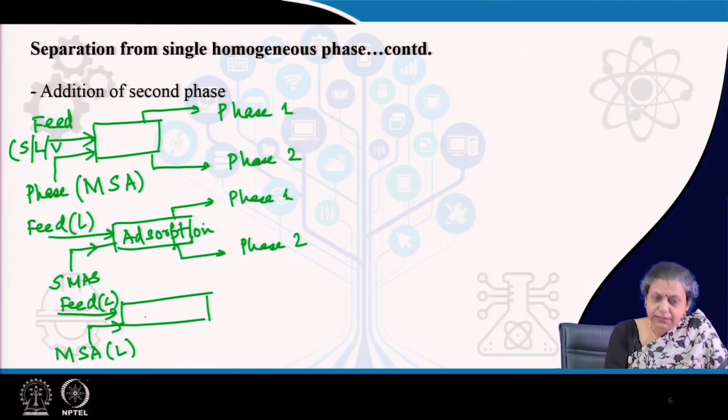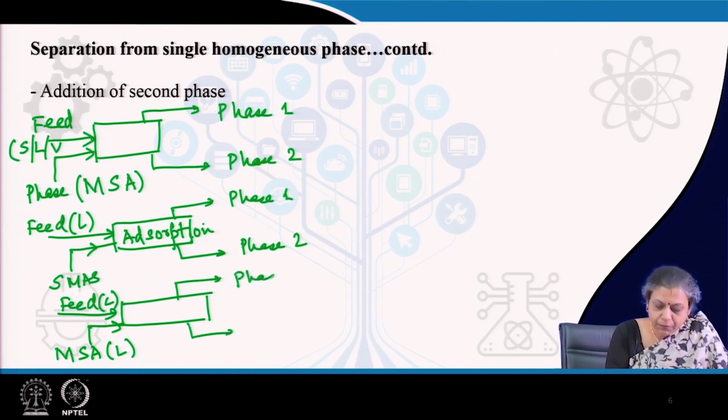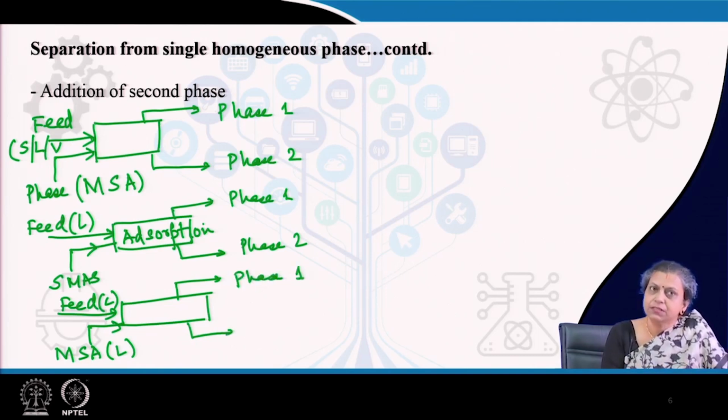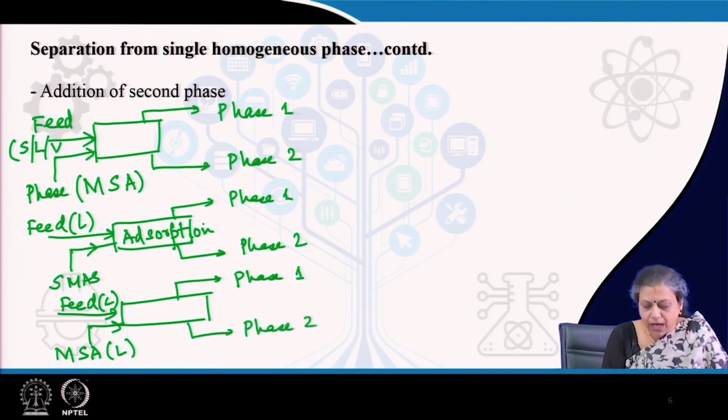Under this condition, the liquid which has been introduced along with the feed extracts some portion of the components from the liquid, and so naturally we get two products. One product will be richer in some components, the other product will be richer in some other components. Generally, the liquid MSA is termed the solvent.